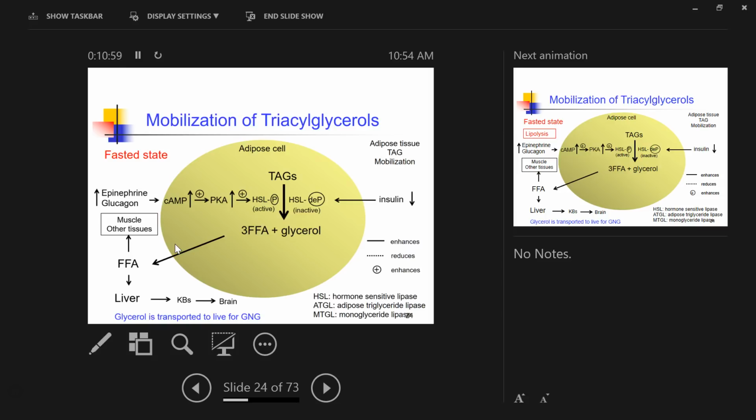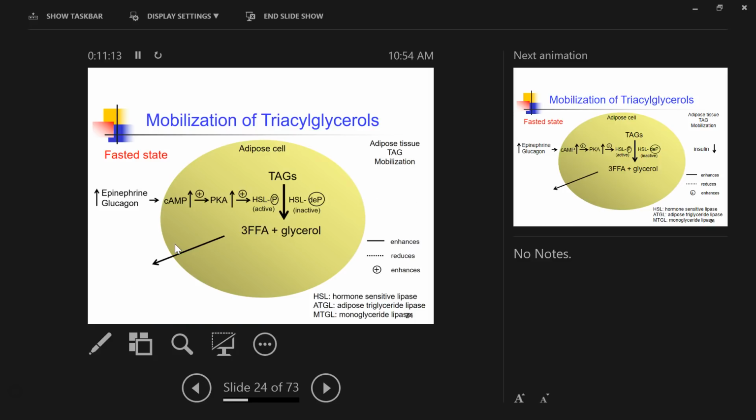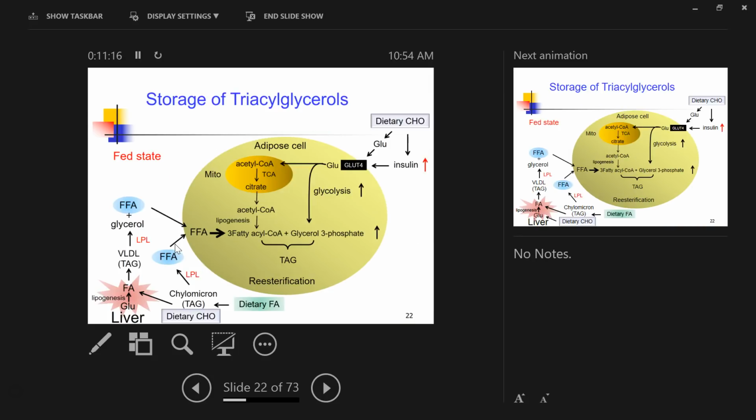Number 15. Where are the triglycerides synthesized in the fed state, and how are they transported out of these tissues to their final destination? I described this, I think, in the last slide. So fed condition: adipose tissue is the primary tissue that synthesizes triglyceride.